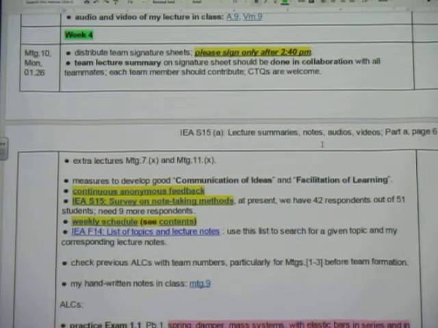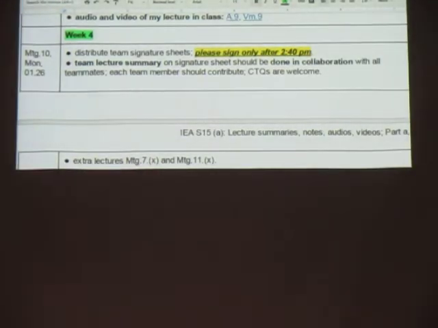Okay, let's begin. I'd like to draw your attention to a few reminders quickly. Let me bring up my mask here.